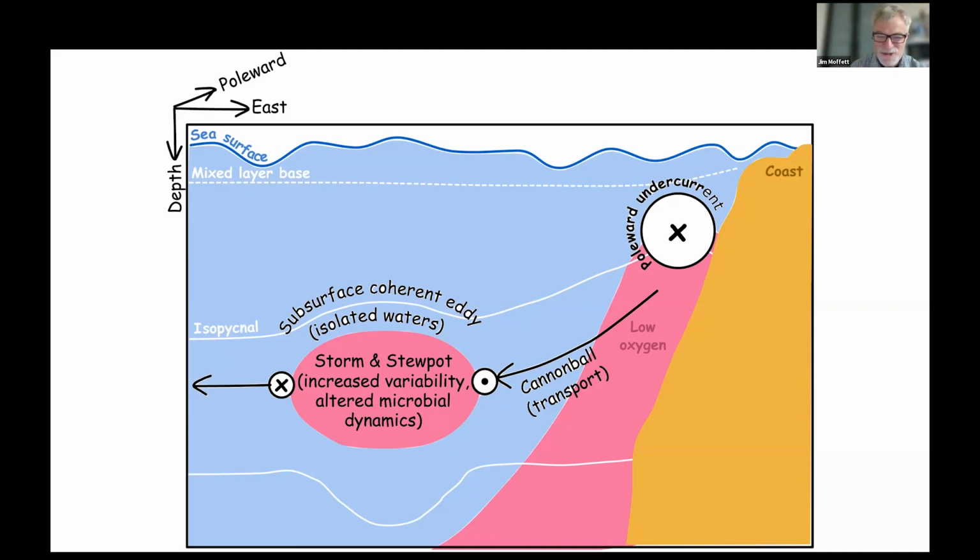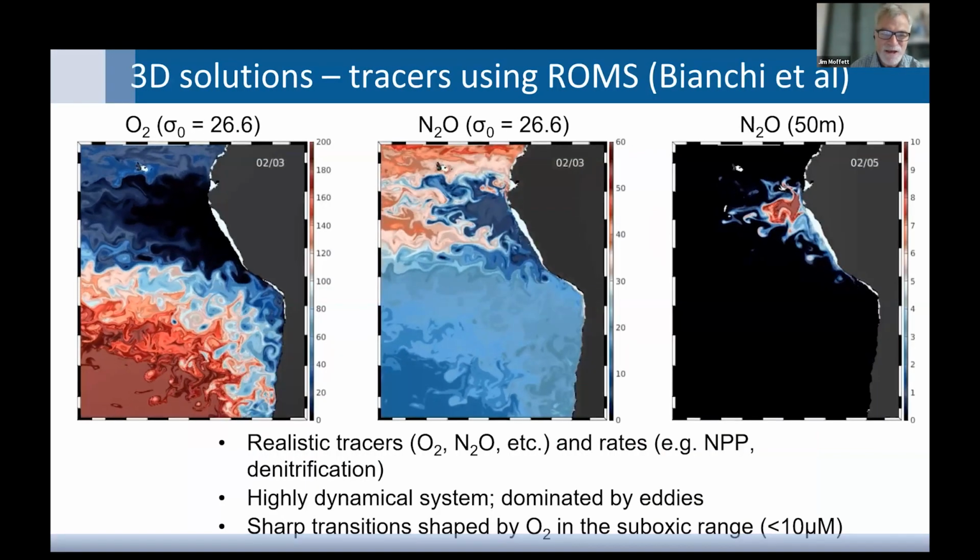And as I mentioned before, terminology like stew pot and cannonball transport were coined in this paper. I'm not sure how widely they've been adopted, but they are quite useful in describing the concepts.